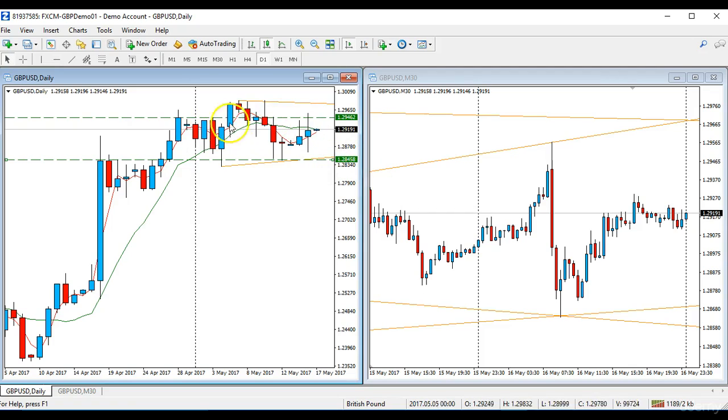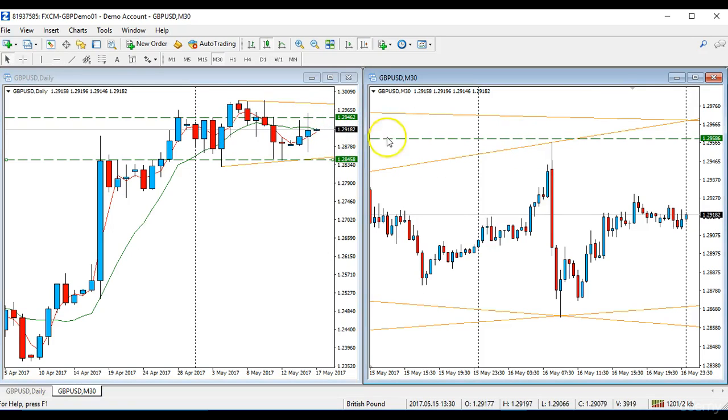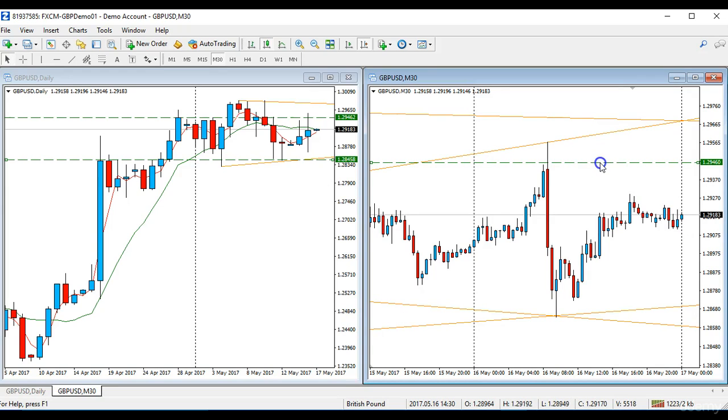If we put those levels into our 30-minute time frame, which is probably about 1.29462, that provides us with a good place to know where we're going to take our profit. It's nearly there, so we'll just put it down to 6.2, somewhere like that. So that provides us with a good place to take profits from.